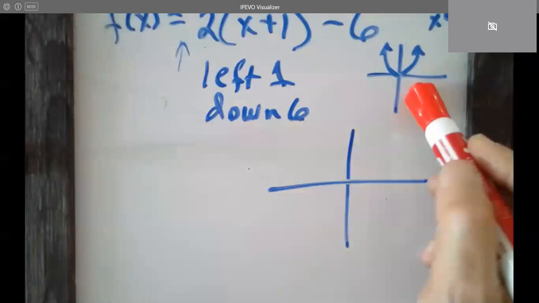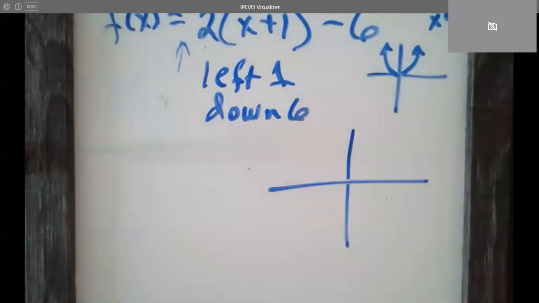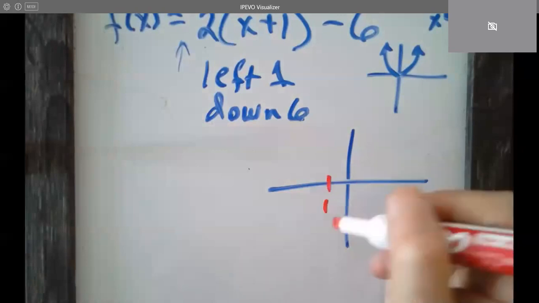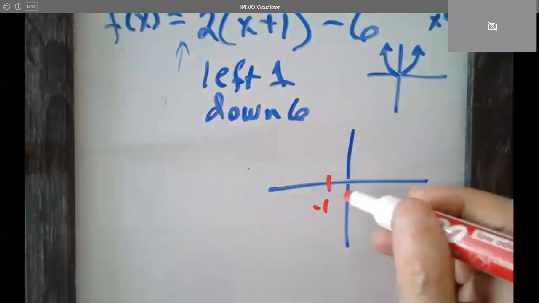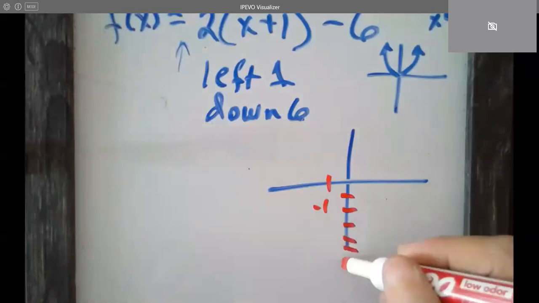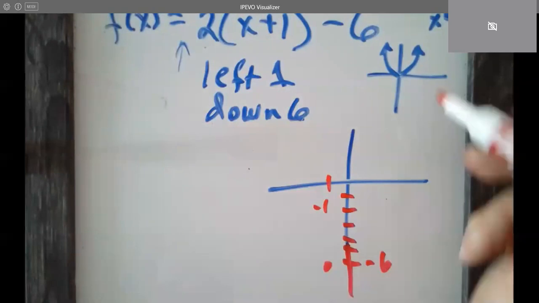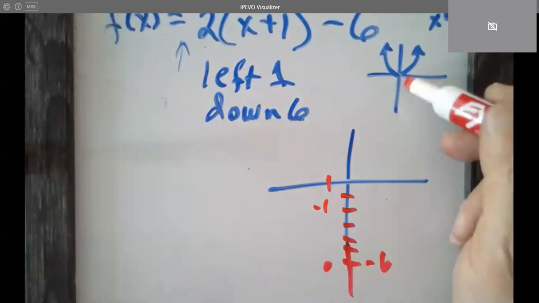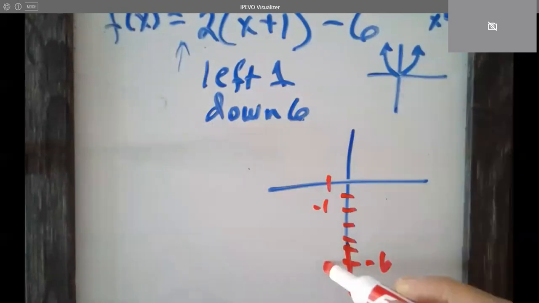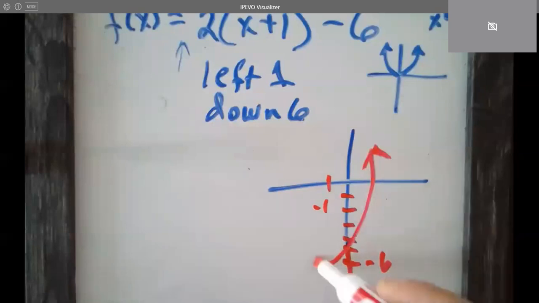First do the parent graph, the end behavior, and then write out the transformation, and it just makes it easier. So this will be left 1 and down 6. 1, 2, 3, 4, 5, 6. So it's going to be down here, and it's going to behave like an x squared, but left 1 and down 6, so it's going to behave like this.